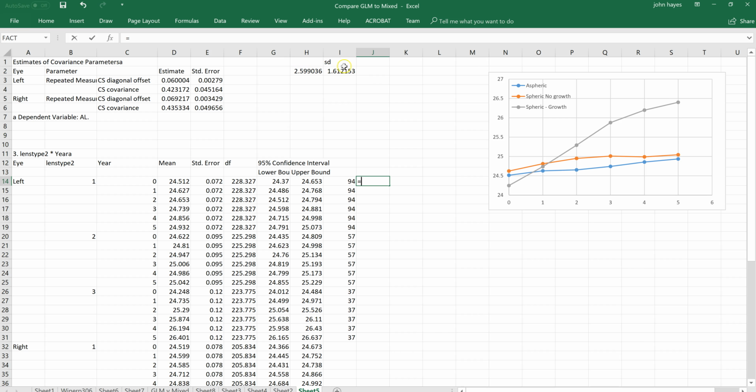And SE equals this, fix it with F4, divided by the square root of n. That gives us our SE. And then our T.